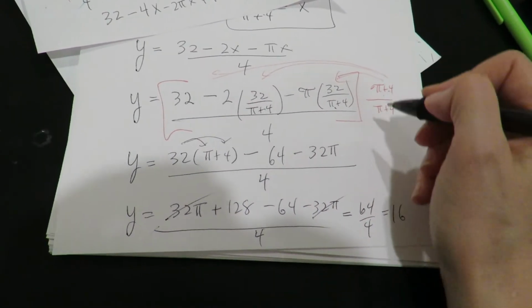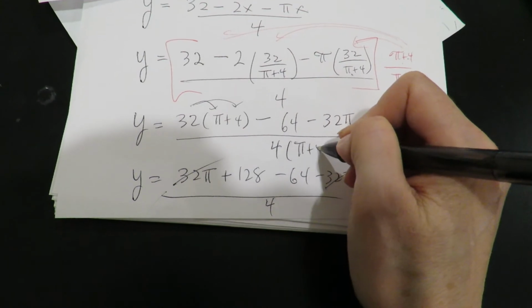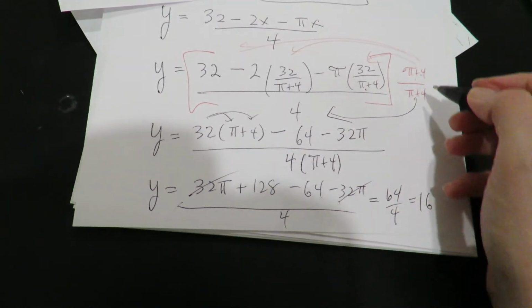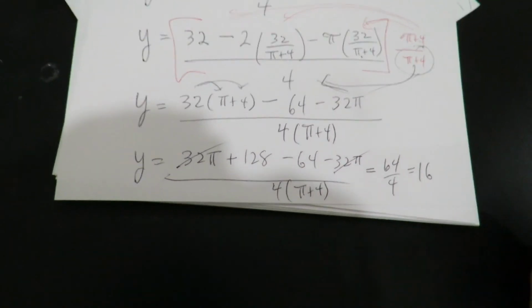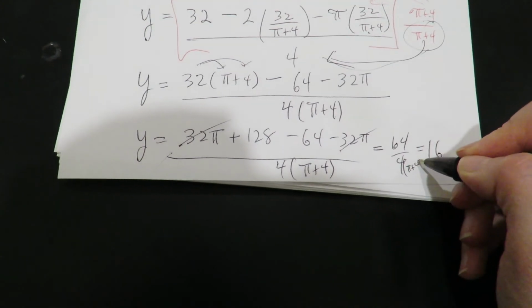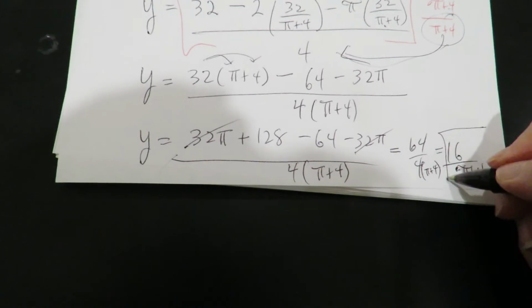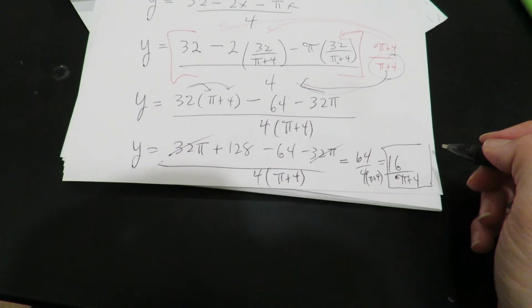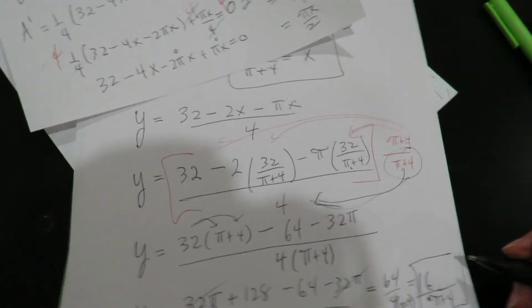Oh, I lost something. You guys are probably thinking, damn, she lost something. I lost this bottom. This bottom has to go. This guy here goes with this. Okay, so we're going to end up getting 16 over pi plus 4 for the y.